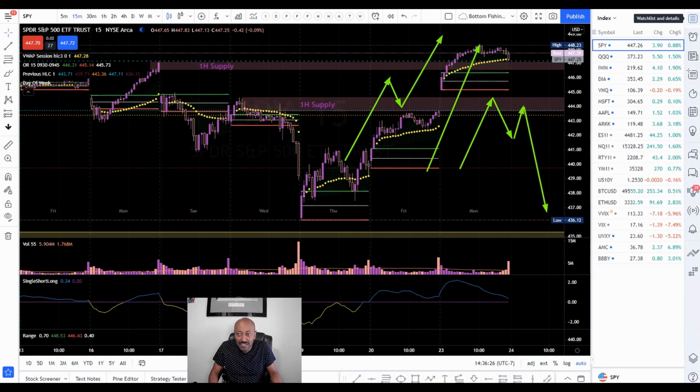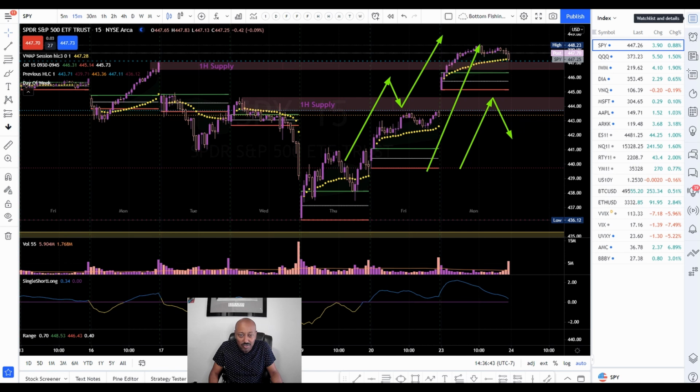And it could reject it in a different manner. It could reject it with an upside down pin bar, railroad tracks, any form of a candlestick pattern. That's where it could get rejected.